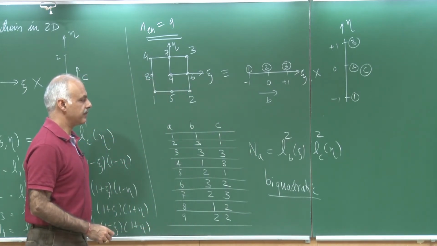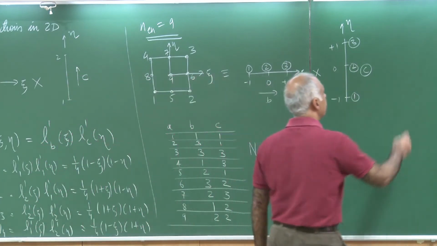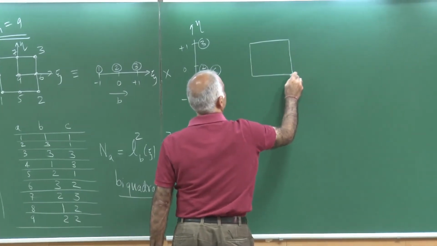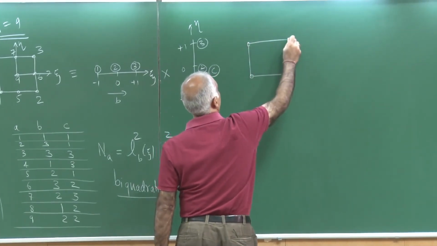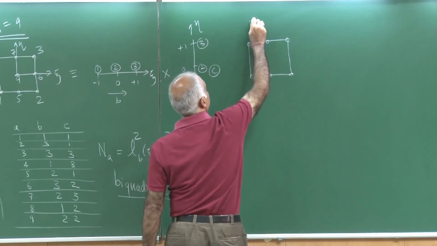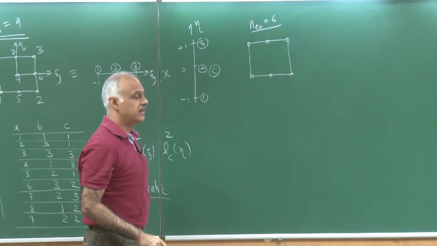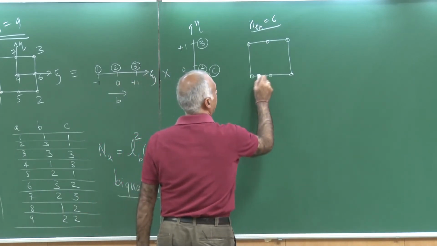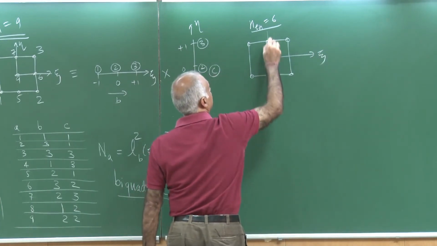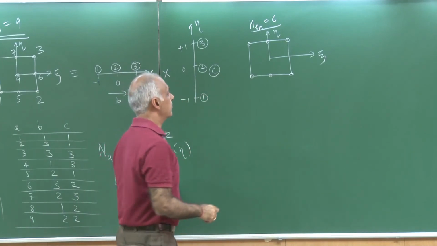Okay. In fact, I can even produce elements like this. If I want to produce an element with 6 nodes, that means I have a higher order along xi, but a lower order along eta. So, let me propose these.